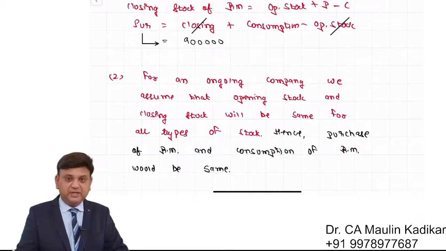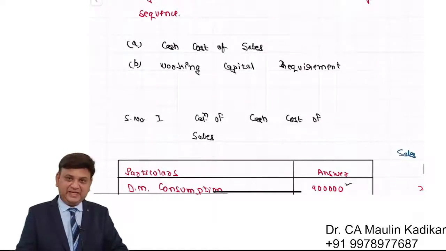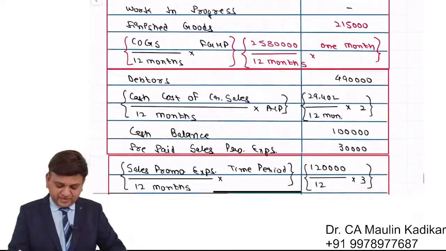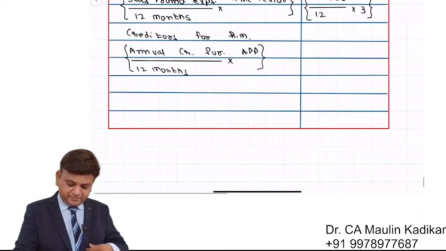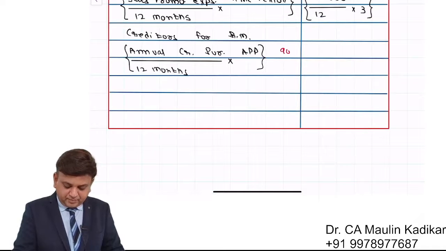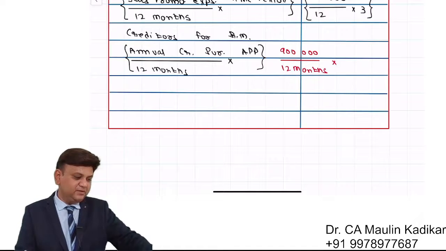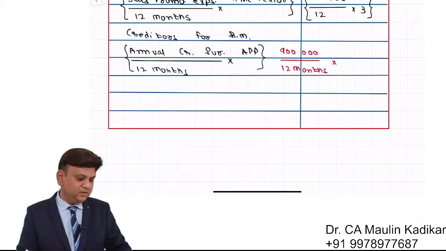So we are supposed to take the purchase an amount of 9 lakhs for the purpose of making calculation of answer. So it is 9 lakhs divided by 12 months into average payment period, given to us in the question as 2 months.